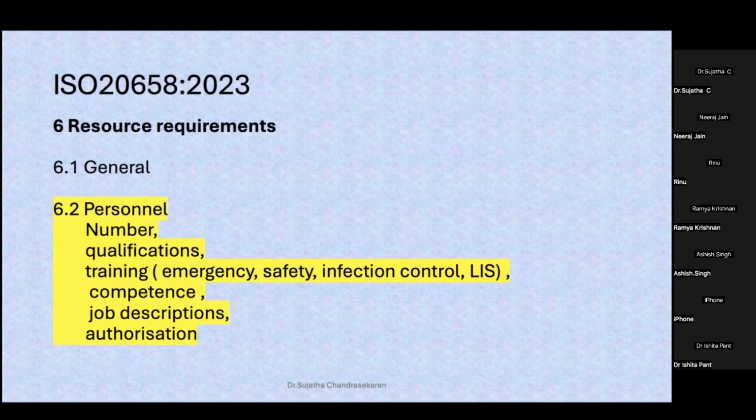Like the person who is doing a phlebotomy sometimes may not be allowed to do, let us say, an esophageal sampling or a molecular test, which are very precious. So this authorization, job description, and appropriate authorization also has to be given, like the testing laboratory, in the pre-examination phase also. And it goes without saying that the lab has to make sure that these are implemented even if it is an outsourced activity for the laboratory.